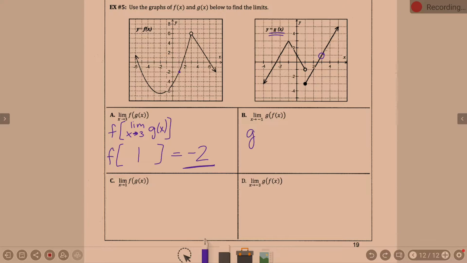So B, it's going to be g of the limit as x approaches negative 1 of f of x. So g is going to stay out on the outside, and the limit of f as x approaches negative 1.